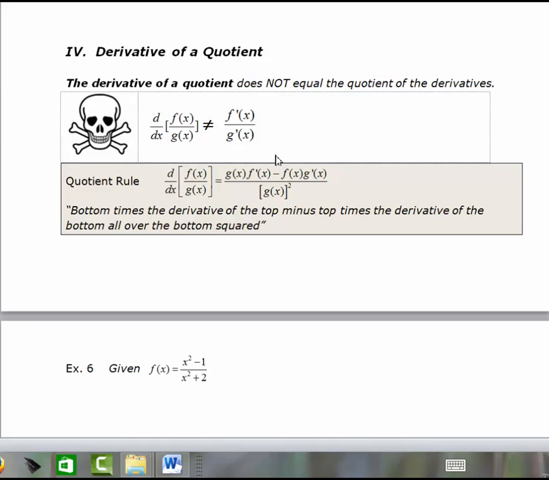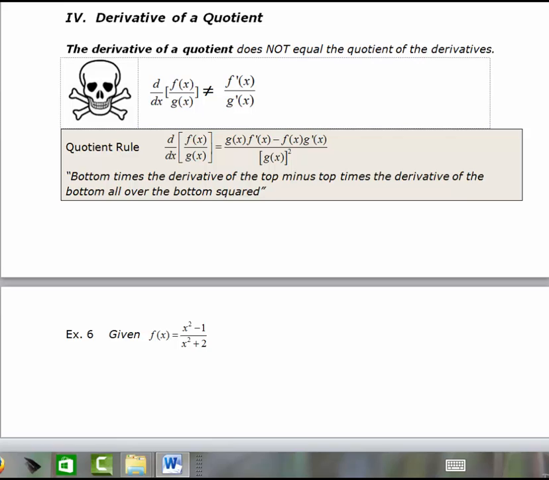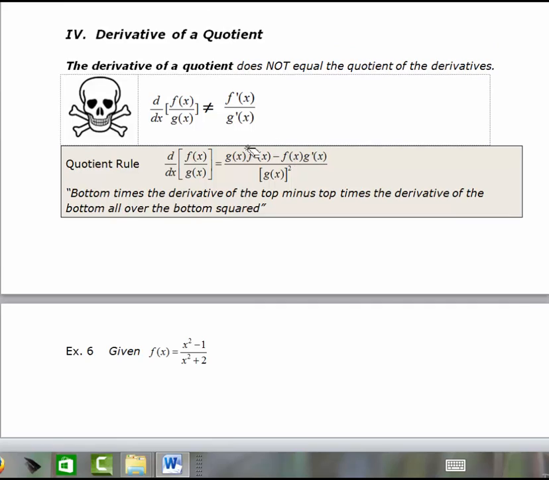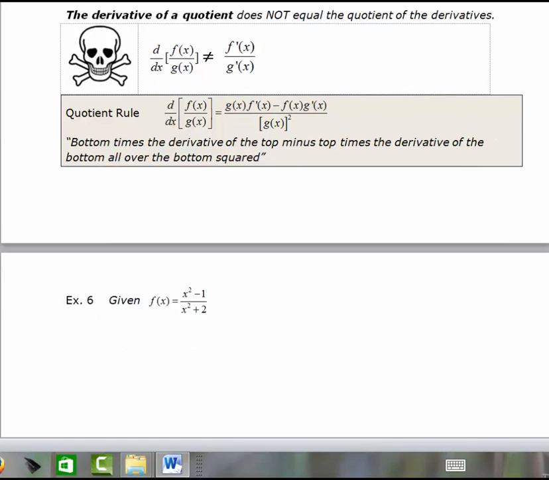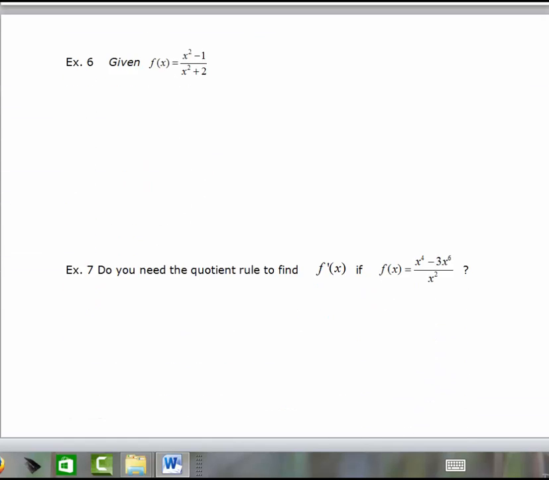One way to remember this, instead of using function notation, is: the bottom times the derivative of the top, minus the top times the derivative of the bottom, all over the bottom squared. The most common error is to write the numerator in the wrong order.